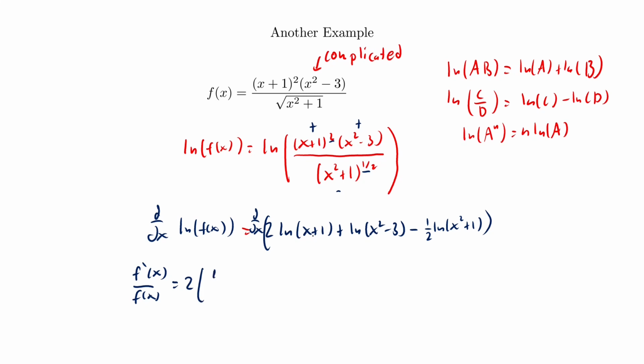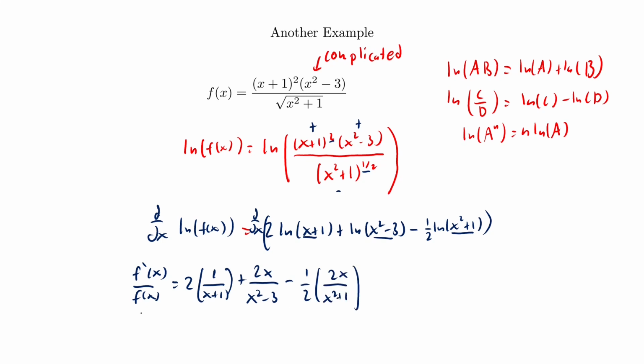So 1 is the derivative of x plus 1, over x plus 1, plus, and then this will be 2x over x squared minus 3. So again, all I'm doing here is looking at these guys and taking the derivatives, minus 1/2, and then 2x over x squared plus 1.